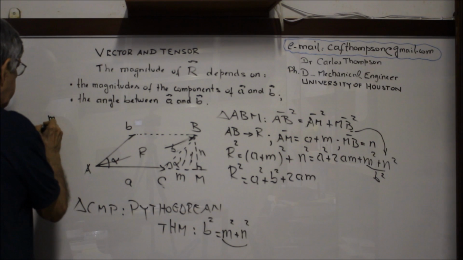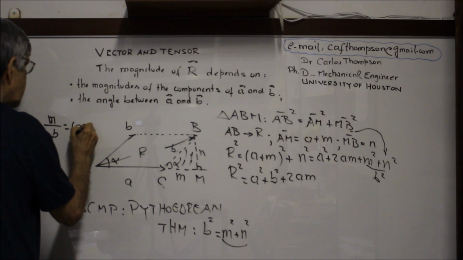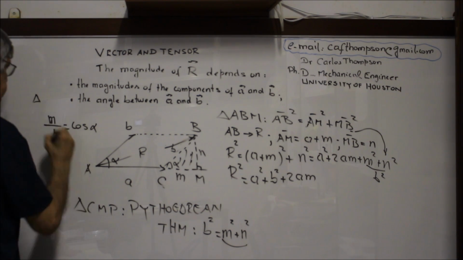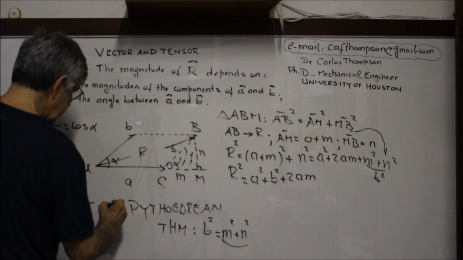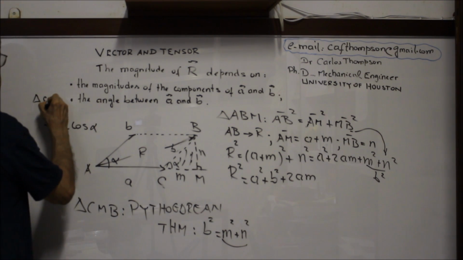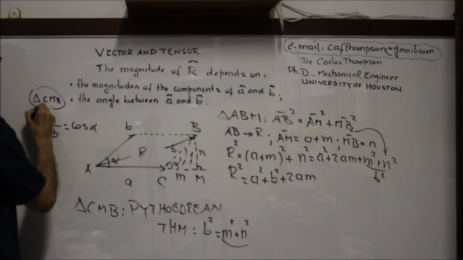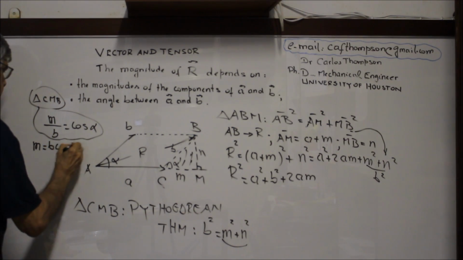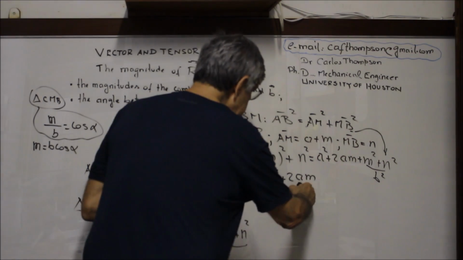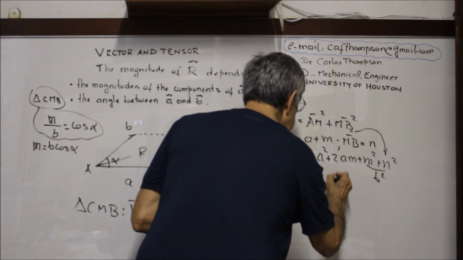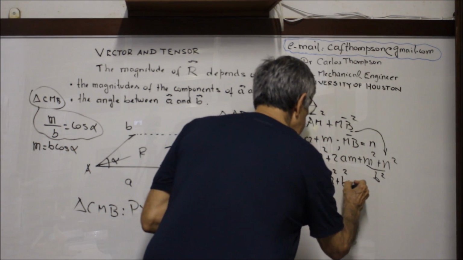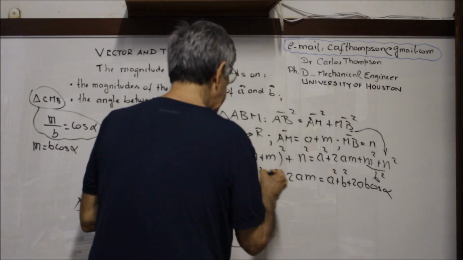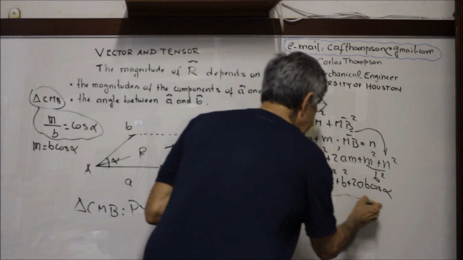M divided by B is equal to cosine of alpha. So M is equal to B cosine of alpha. Let's plug M here. So R squared is equal to A squared plus B squared plus 2AB cosine of alpha. This is a very, very important result.